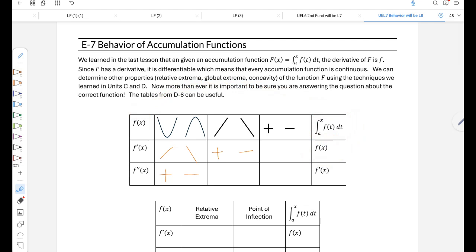So if you're working with an accumulation function, you look down this column to answer your question. As long as each step down is a derivative, this table holds. That's why we're allowed to have both sides. F of x has a derivative f prime. F prime of x has a derivative of f double prime. The accumulation function has a derivative of f of x, and that has a derivative of f prime. So it's just where your starting point is. Is your starting point f? Is your starting point the accumulation function?